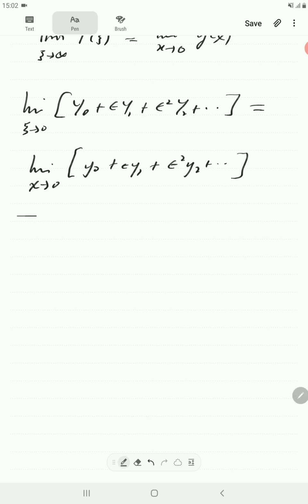Since x is equal to epsilon times xi, when x is 0, xi is 0. As x goes to 0, xi goes to 0 as well. So we're going to expand these in terms of Taylor series in terms of xi.